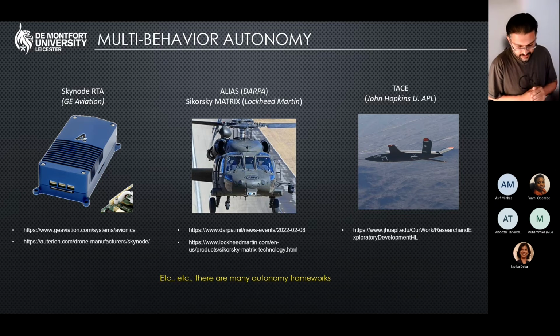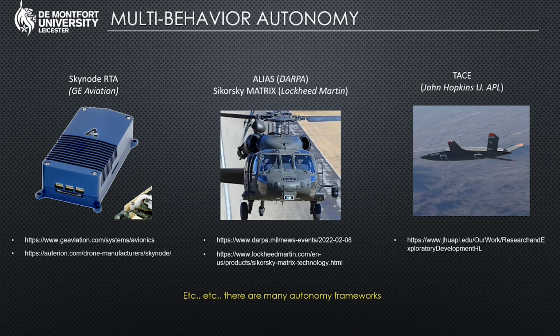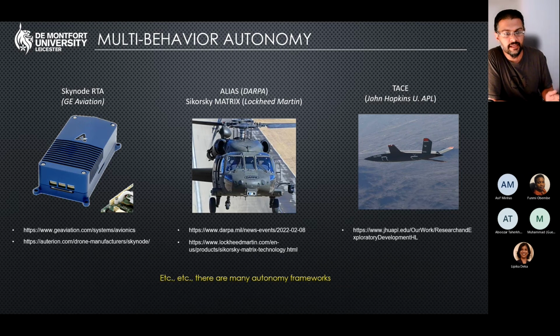Pictured here are examples of arbitration frameworks. They're essentially differentiated by how they coordinate control. They're either built for optimality or built for failover, and they're also differentiated by use cases. So on the far left, you've got a system that is SWaP-C constrained for unmanned systems.